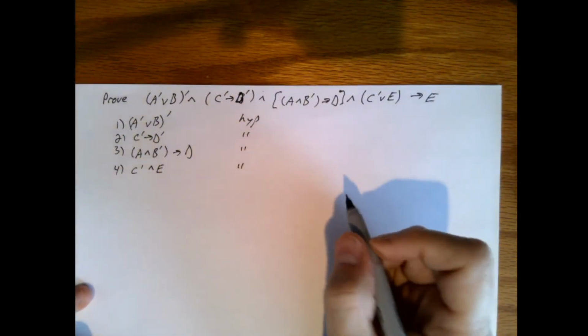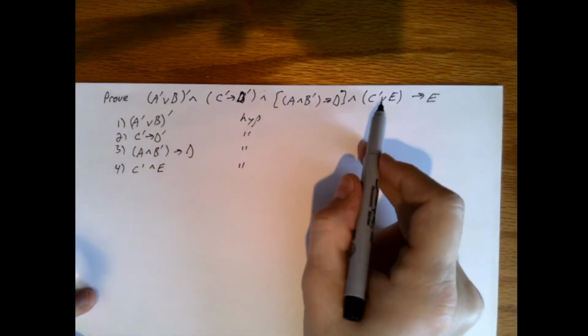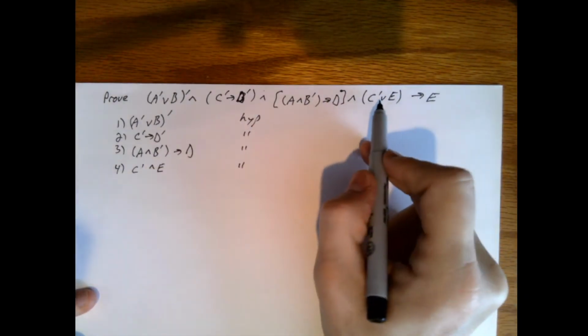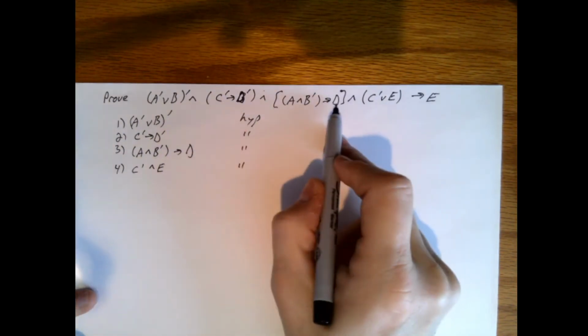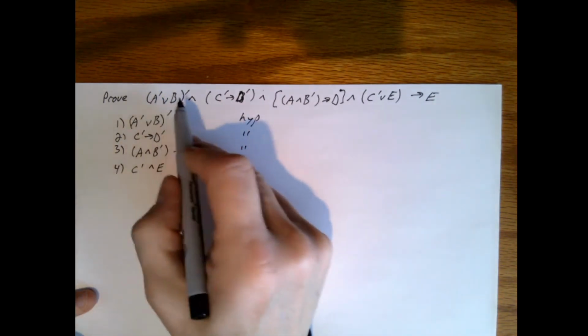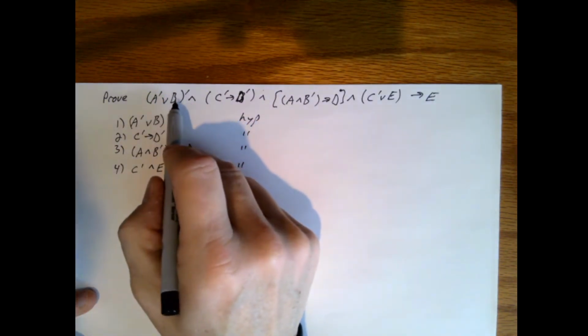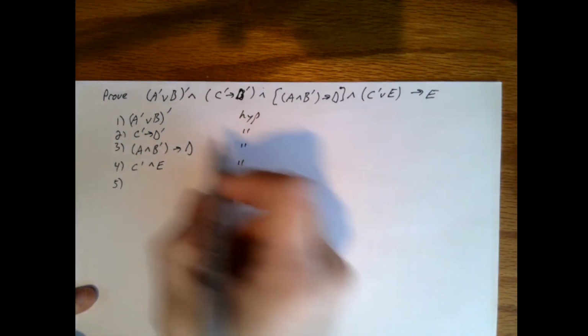Start thinking what order to go in and look and go, well, here's E. Here's my only occurrence of E, so I'll probably use that close to the end. That has a C. Here's a C. That includes D. That has a D. This has A and B. This has an A and B in there somewhere. So it's probably the order I'm going in, or the reverse order.